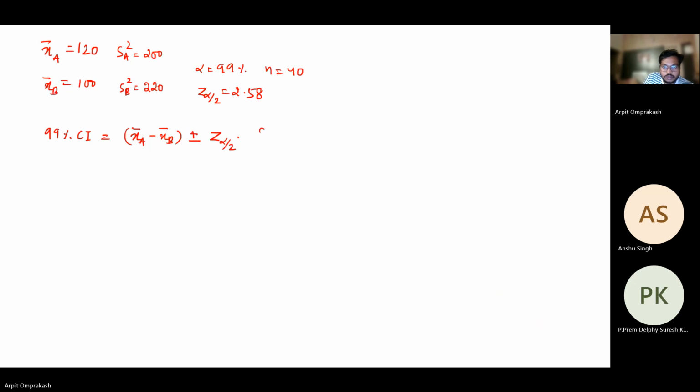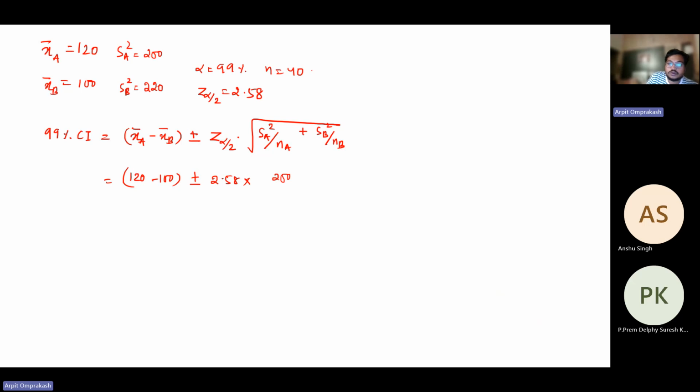into the square root of SA square by NA plus SB square by NB. Right. So once we input the values, we have 120 minus 100 plus minus 2.58 into the root of 200 by 40 plus 220 by 40.